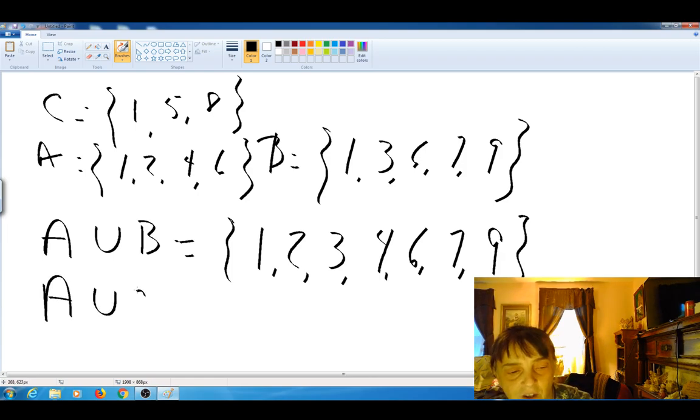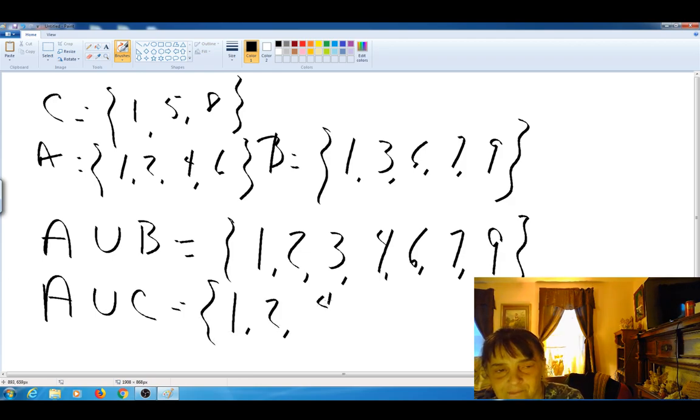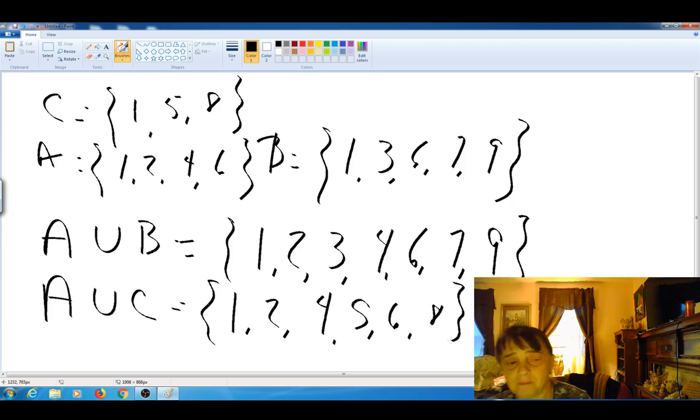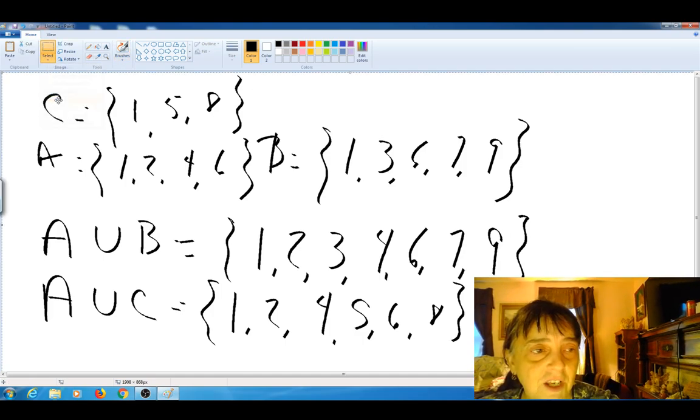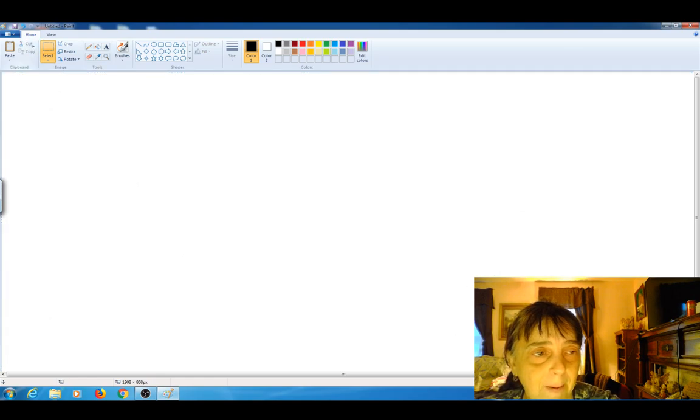All of A and all of C put into one set is 1, 2, 4, 5, 6, 8. So that's union. We did union and we did intersection.